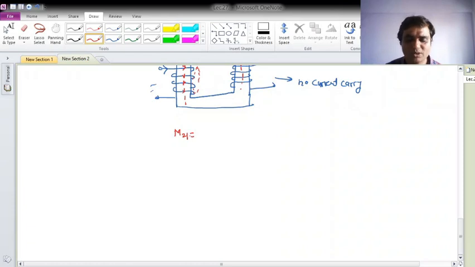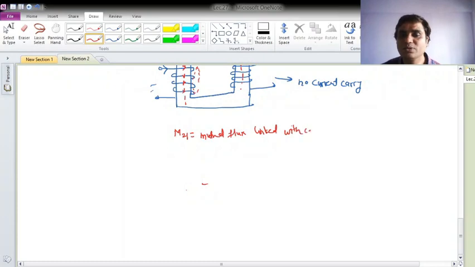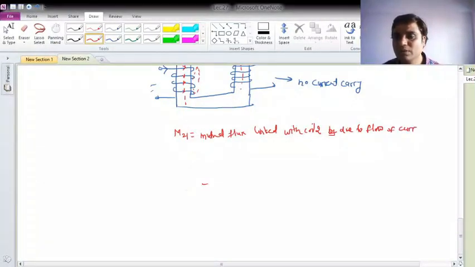It is the amount of the mutual flux that has been linked to coil 2, and M21 can be defined as the mutual flux linked with coil 2 by current I1 in coil 1, due to the flow of current in coil 1, which I can name as I1. Okay, so now let me define what is my M21.